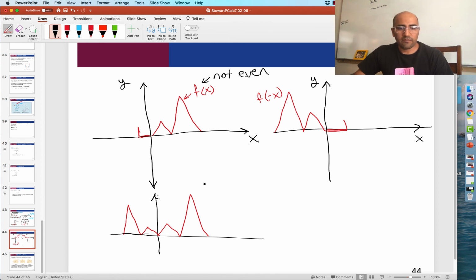Let's say this was the function g of x. Here is y, here is x. Now when I rotate it, and I move this point over there, and this point goes over there, I do a swaparoo of points, then I'm going to get something that looks pretty identical.